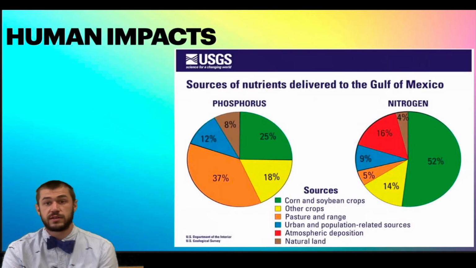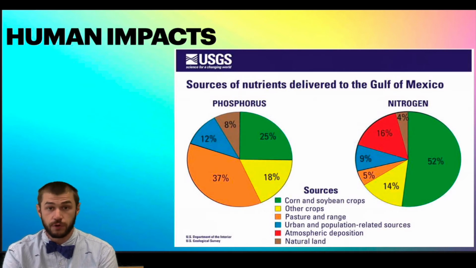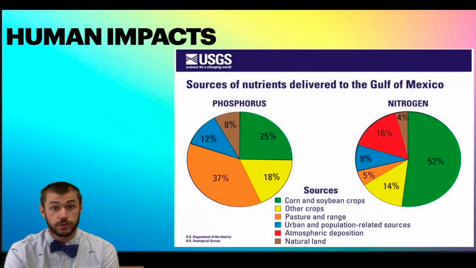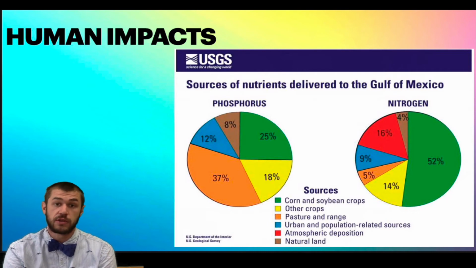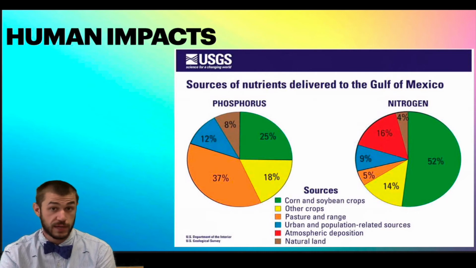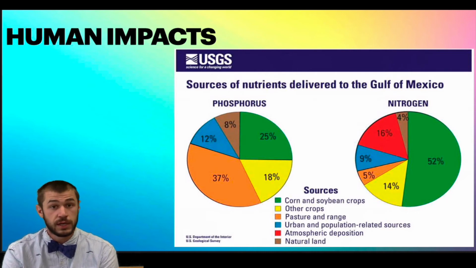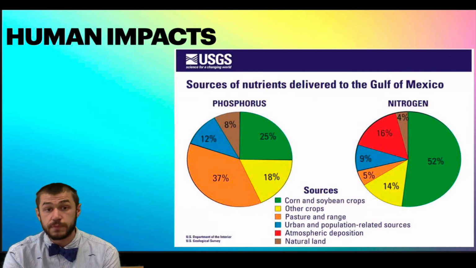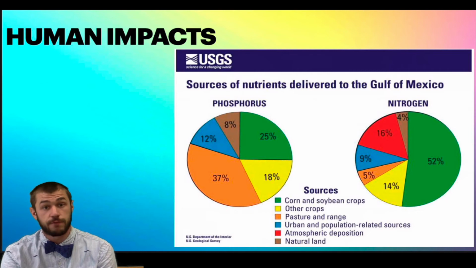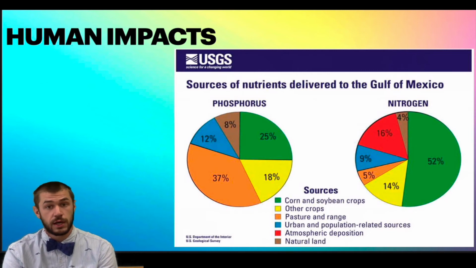So where do these nutrients come from? Again, the vast majority of them are going to come from agriculture. Corn and soybeans make up a huge proportion of the nutrients, and it's nutrient pollution really, entering the Gulf of Mexico. There are other sources, so pasture and rangeland, and we would expect to see a lot of phosphorus coming off of those because, again, it's being weathered out of the soil.